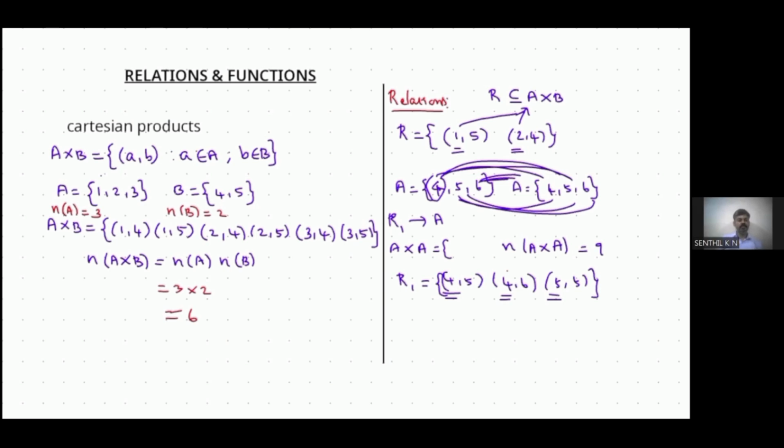Now we are going to check whether the relation is an equivalence relation or not. How to check for an equivalence relation? A relation should be an equivalence relation means it satisfies some conditions.